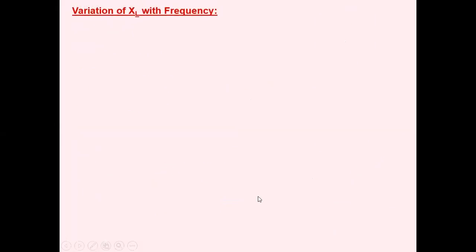Now move ahead. A few things are to be noted, very important. Variation of inductive reactance with frequency. Inductive reactance is the resistance offered by the inductor to alternating current.